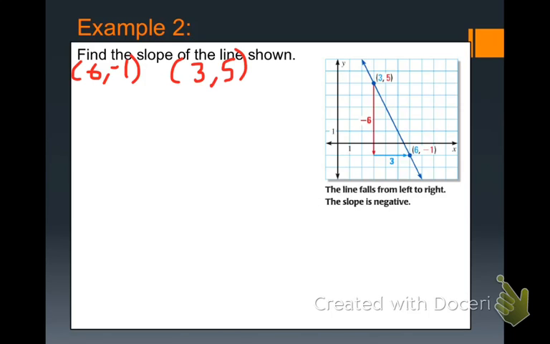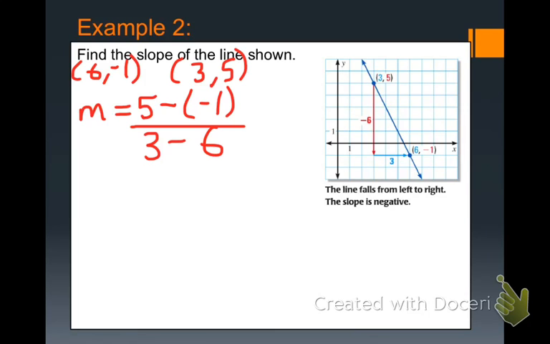So to use my formula, m is going to equal 5 minus a -1 over 3 minus 6. Well, 5 minus a negative 1 is 5 plus 1, or 6, over 3 minus 6, which is negative 3. And now to simplify, 6 divided by negative 3 is negative 2.